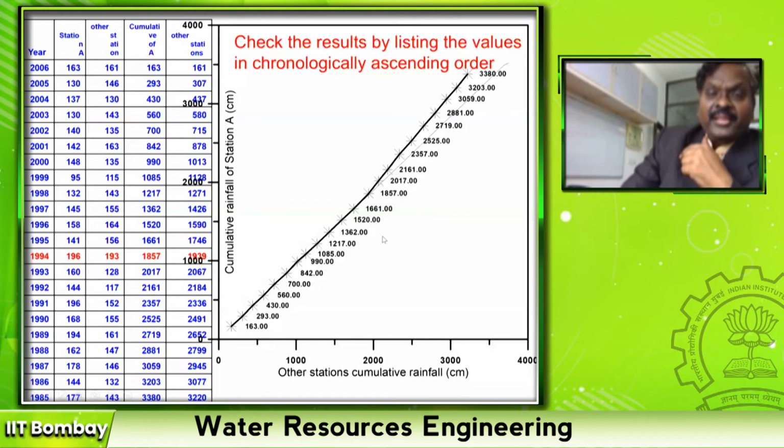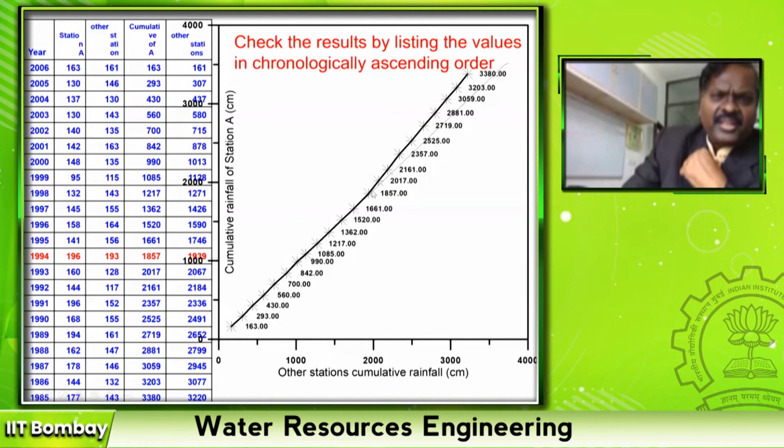Okay. If this break is not there, this small line, this would be the cumulative rainfall. That means at this particular point there was a change in regime. Each point is 1 year, right? This is 2006, 2005.